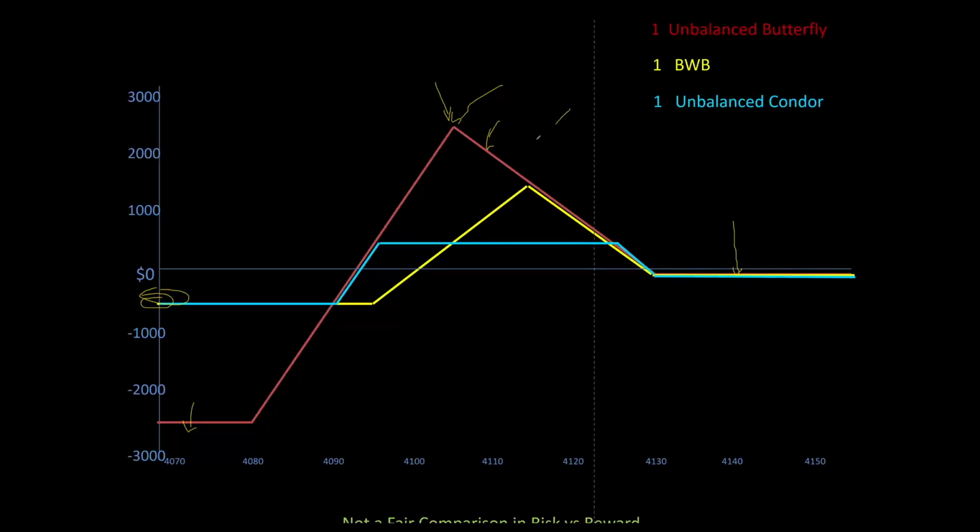And so I want to be in the Unbalanced Butterfly because it's going to have the most time decay because it has the most amount of room to drop. But we're not really comparing apples and apples.